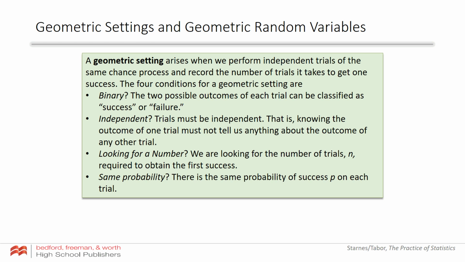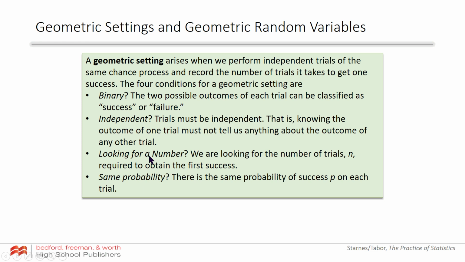Geometric distributions, like we said, are very similar, except instead of a fixed N, we're looking for a number. So we still have this idea that the situation is binary, there's a success or a failure. We still need independence. And remember, back from binomial, we need independence so we can multiply probabilities.